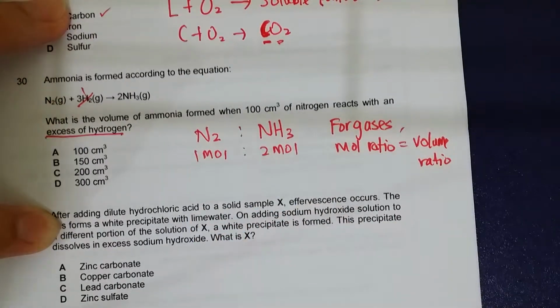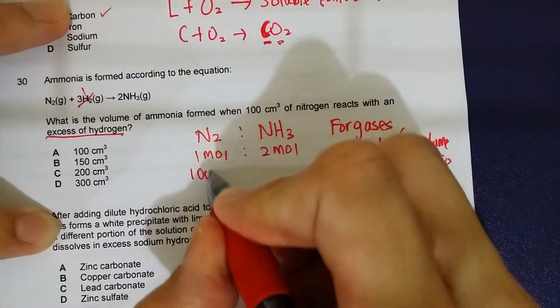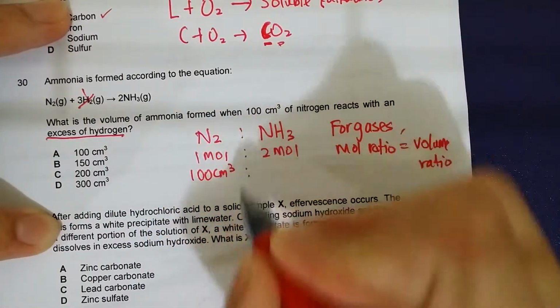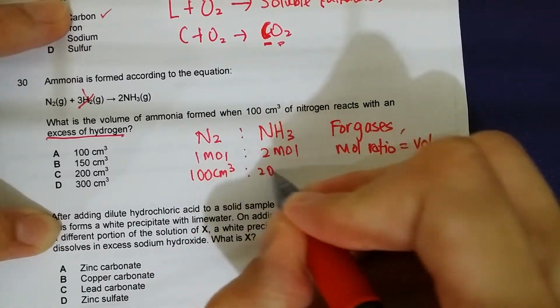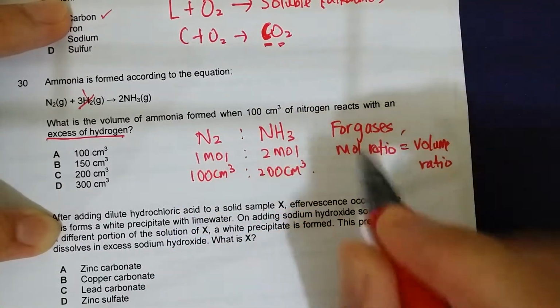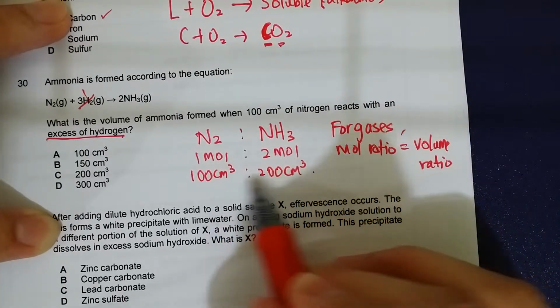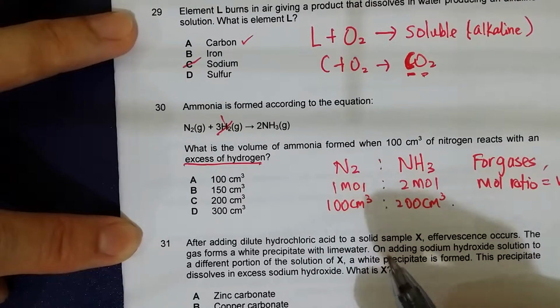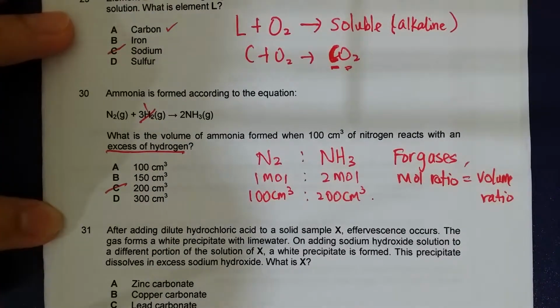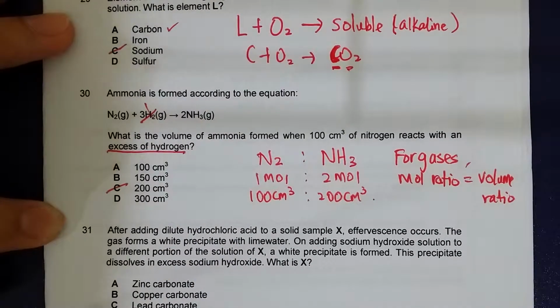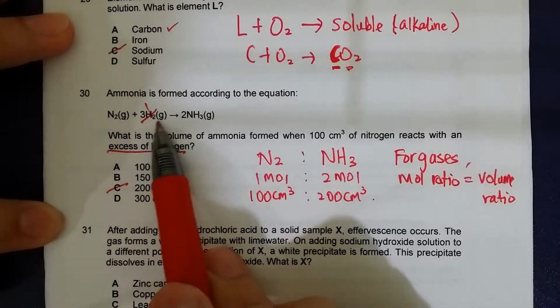So the mole ratio is 1 mole to 2 mole. How about the volume? 100 cm³ of nitrogen, so 100 cm³ would be to 200 cm³, because mole ratio is the same as volume ratio. So the answer is C. Okay, this is only true for gases. Anyway, they are all gases here.